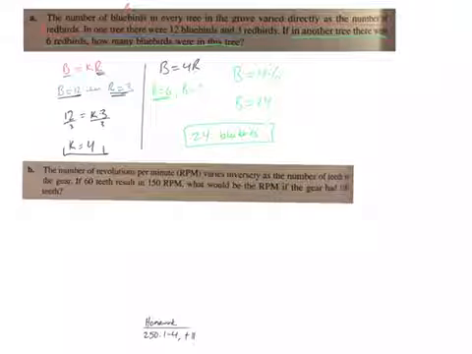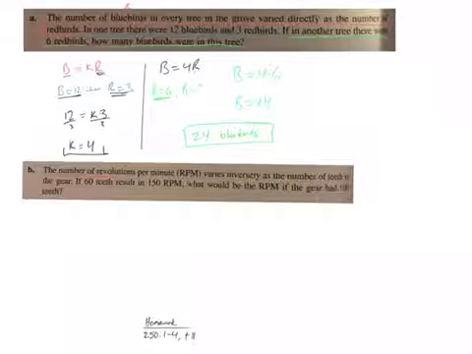Okay, same basic principle on this, except our original equation starts off a little different. It says the number of revolutions per minute, or RPMs, varies inversely as the number of teeth in the gear. If 60 teeth result in 150 RPMs, what would be the RPMs if the gear had 100 teeth? So let's look at this first part.